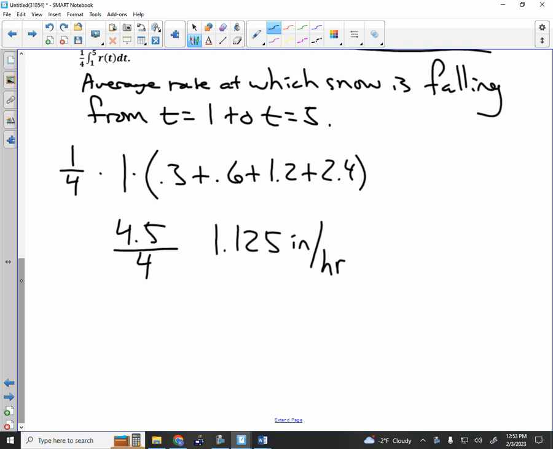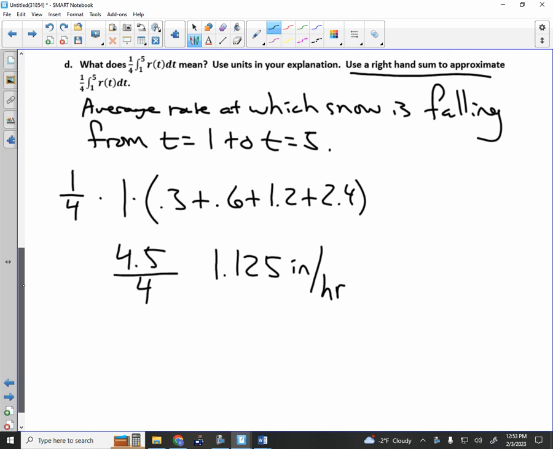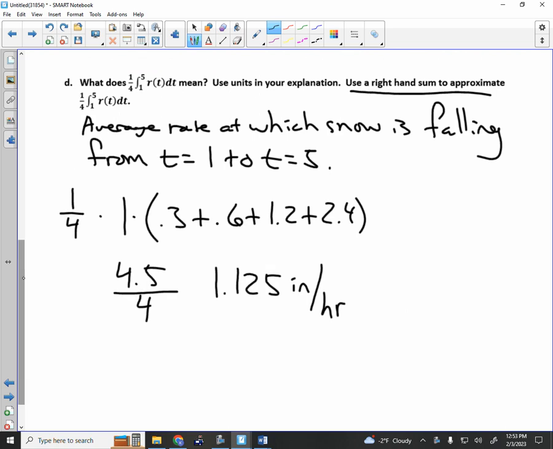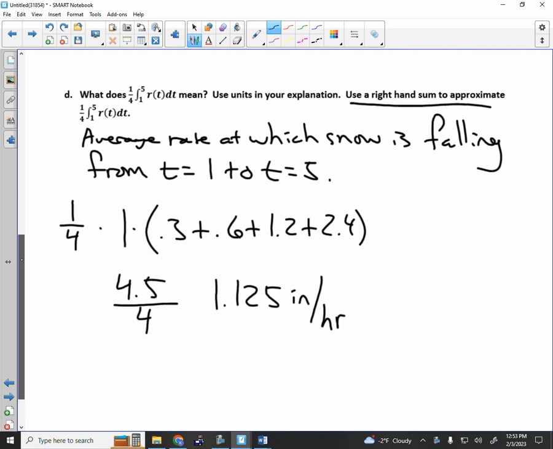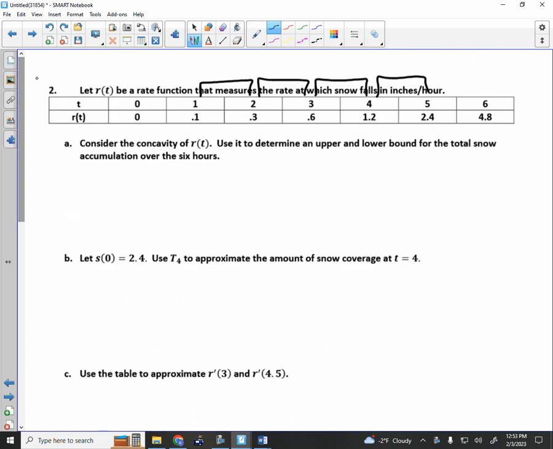Sir, is it just because we're trying to find R, not...? Yes, very good. Now, if we go back to what we did yesterday, we tried to provide a guess for what the average amount of snow was during that time frame. And people said, well, say about 1. Well, we came up with 1.125, and that is definitely accurate.